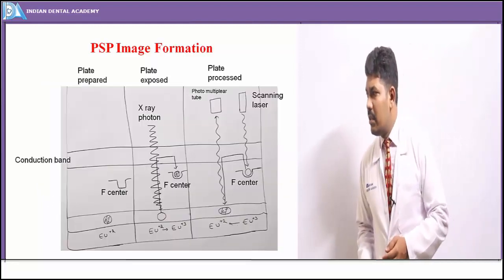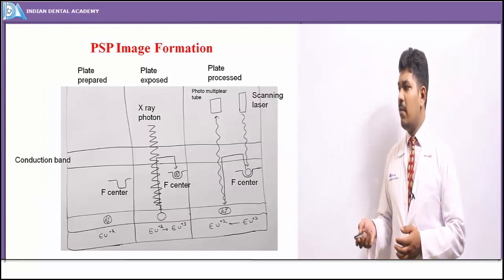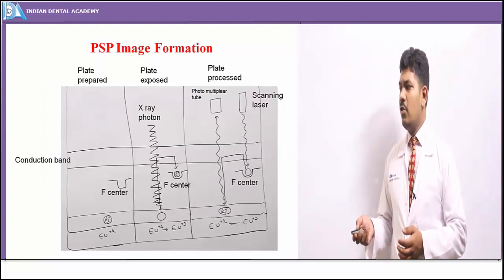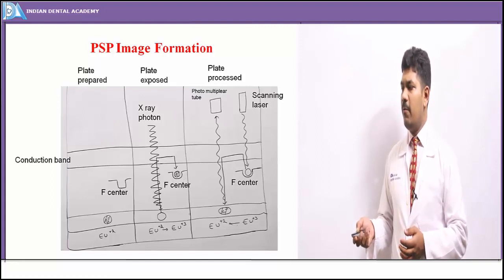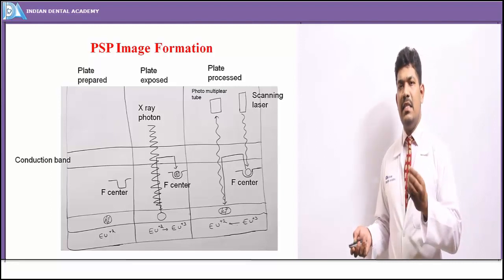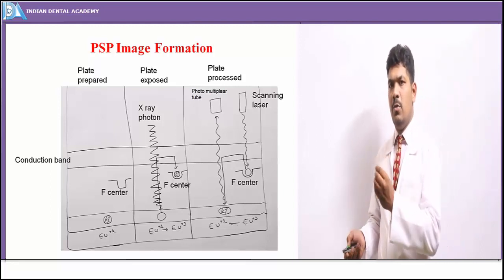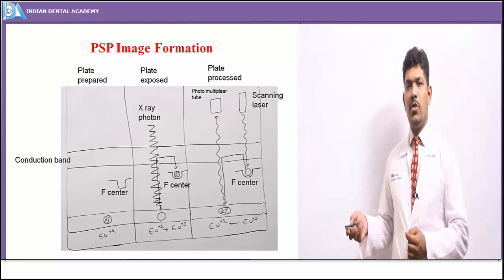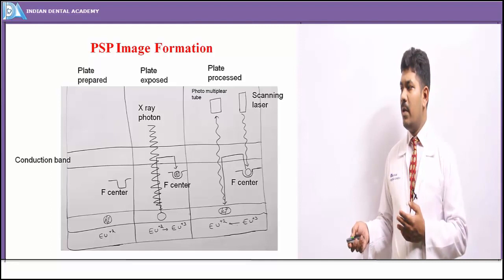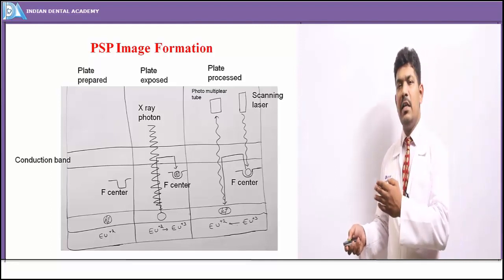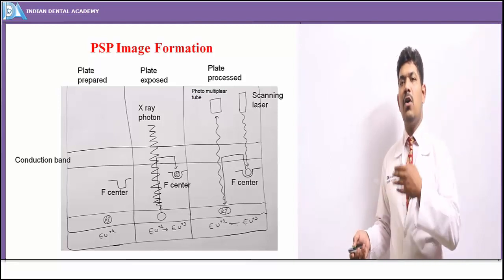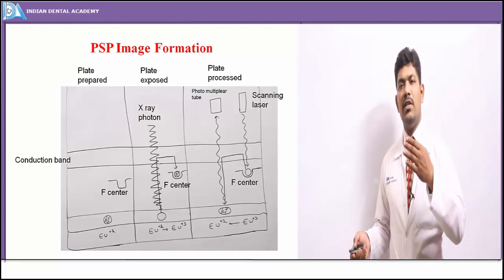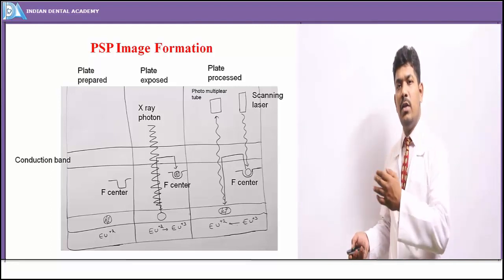Now the image formation, a schematic representation. You can see the phosphor layer, which is europium doped barium fluorohalide. You can see the europium, which increases the sensitivity of this particular sensor to incident signals. Now upon activation, when the plate is exposed to X-rays, this europium converts itself from europium plus 2 into plus 3. That means it loses an electron because of the incident energy attributed to the X-rays.